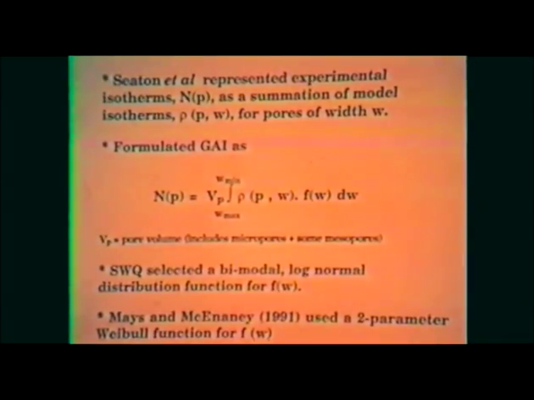But I think the method that I want to talk about a little bit here, and on which we've done a little bit of work, offers, I think, a new approach, which as far as obtaining micropore size distributions in activated carbons is concerned, offers a lot of promise. And that's the use of molecular simulations.